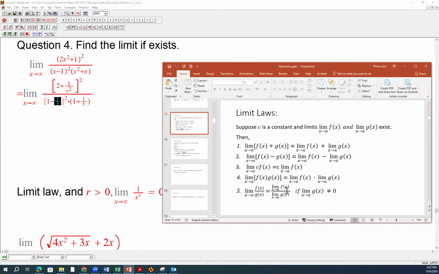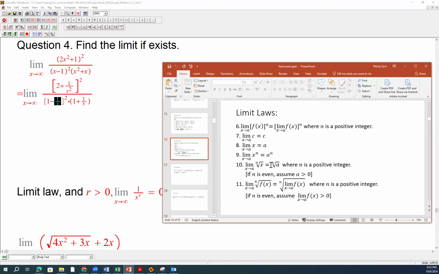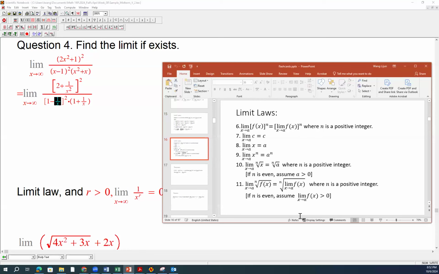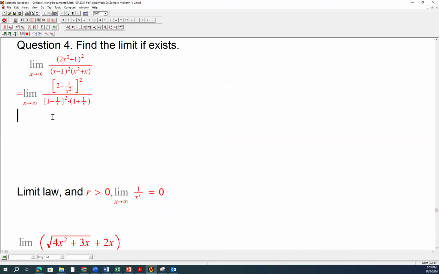We also have power, so we get to use the power limit law. Where's the power limit law? I think, yeah, here, number 6. We use the power limit law on this piece. So I'm going to show you.